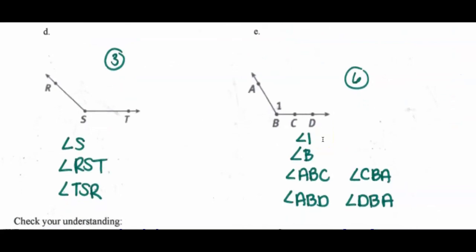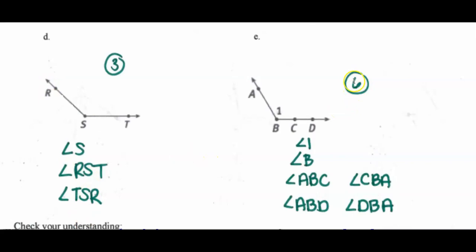On D and E, there are 3 names, angle S, and angle RST, or angle TSR. And then lastly, number 6, or part E, angle B, angle 1, and then 3 letters.